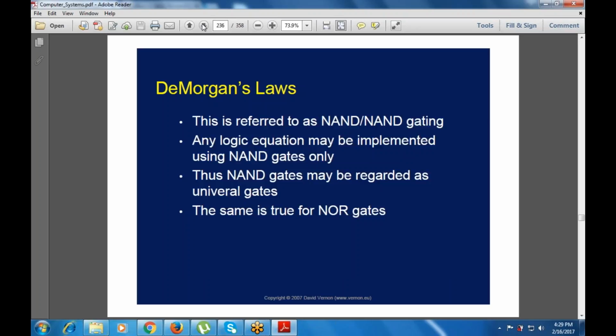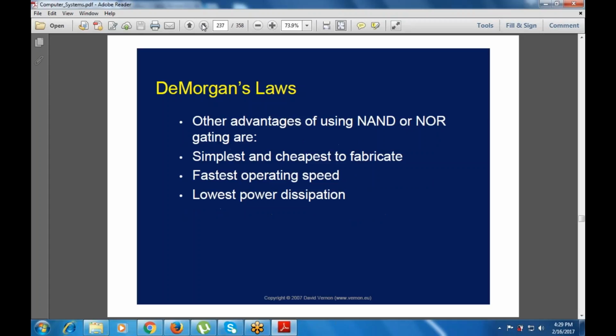Now, this will be referred to as NAND-NAND gating, and any logical sequence may be implemented using NAND gates only, and this may be regarded as a universal gate, and the same is true for the NOR gate.